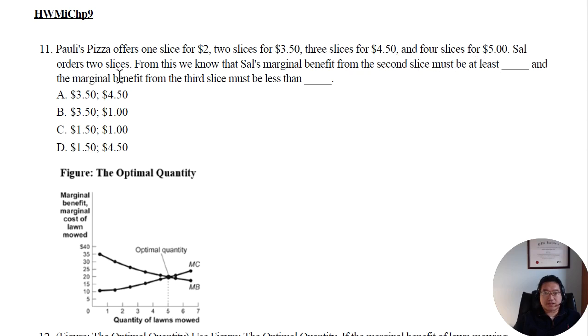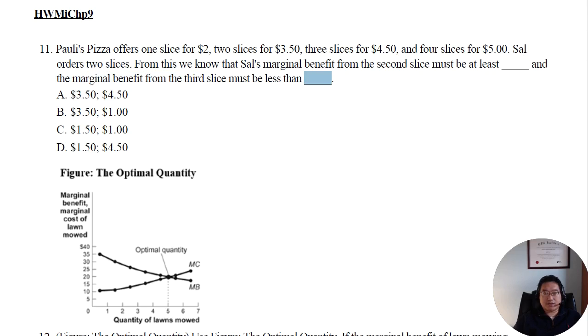Sal orders two slices. From this, we know that Sal's marginal benefit from the second slice must be at least basically how much. Okay, we got a column of dollar values here, and the marginal benefit from the third slice must be less than how much.